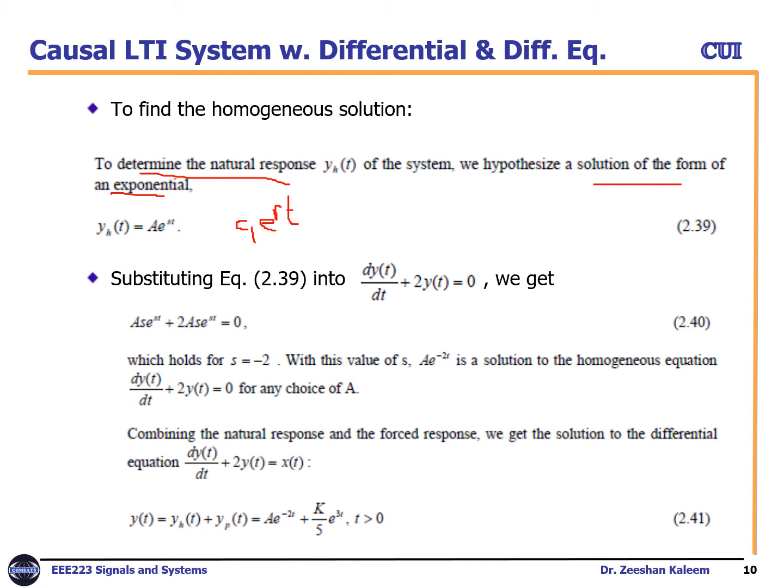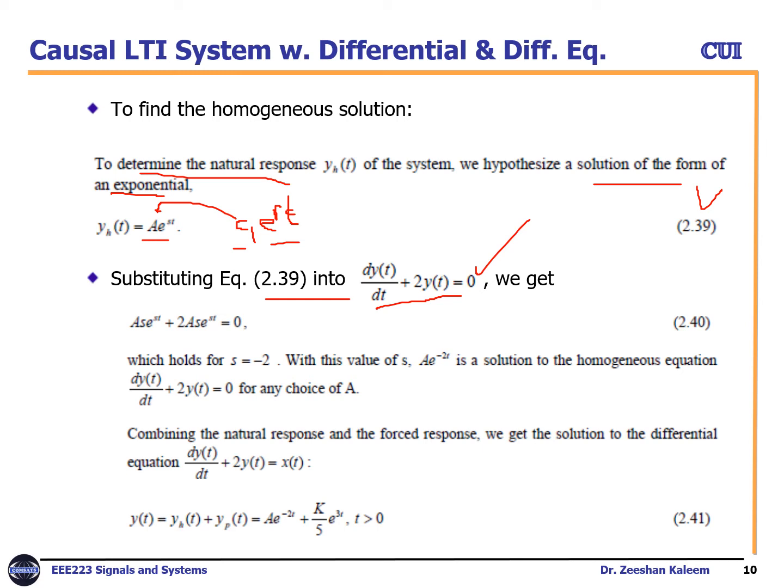Because there is only first order, we have only one term c1 e^{rt}, or we can generalize them with A in place of c and s in place of r as well. So A e^{st}. It's the same meaning as we discussed before.